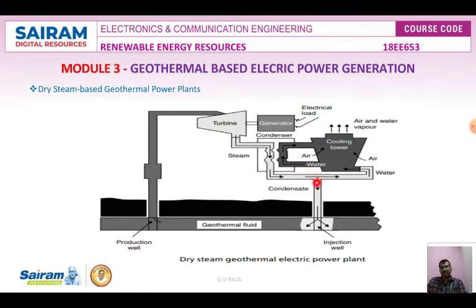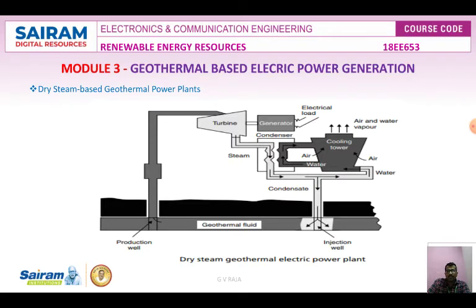Then again the same liquid will be passed into the well. This process we call dry steam based geothermal. Here the steam is used from the earth, and this process is nothing but the dry steam method.